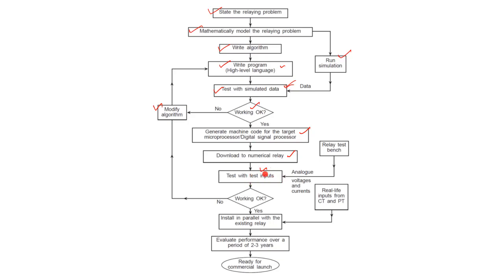These test inputs were collected from the relay test bench, the practical hardware setup. From the relay test bench we get the analog voltage and current signals, and they are fed to the numerical relay to test it.